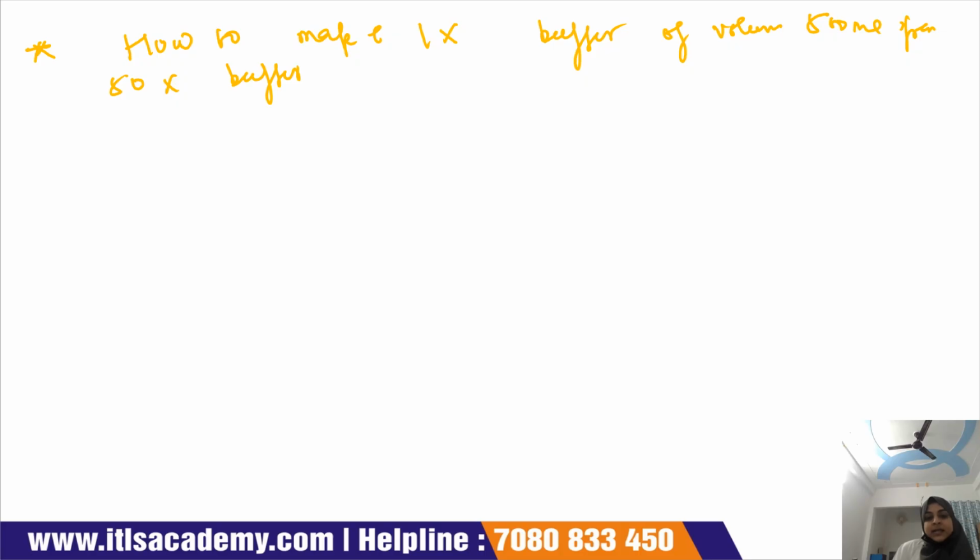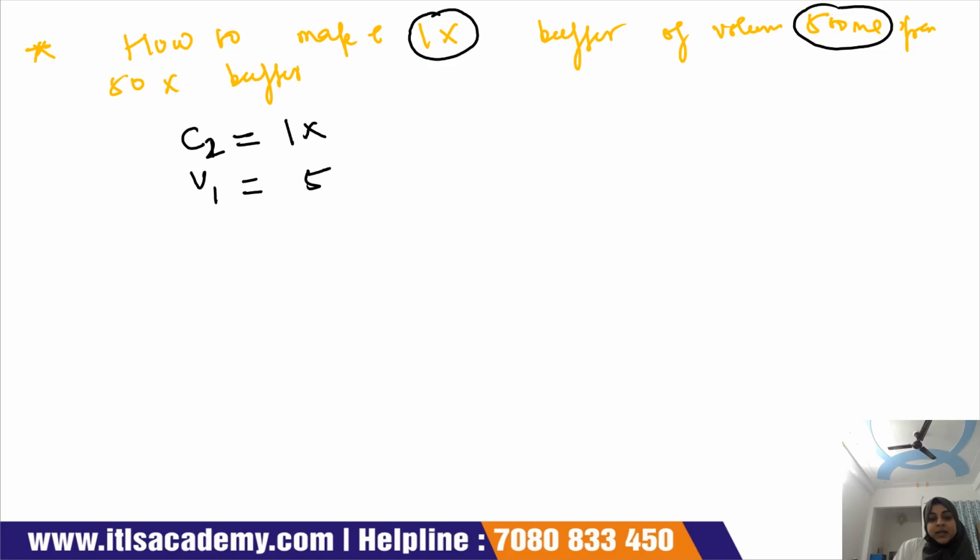So here it is clear that C2 is the working concentration, C2 is equal to 1x, and V2 is equal to 500 ml. C1 is equal to 50x, the concentration of the stock. And we have to calculate the volume of the stock.